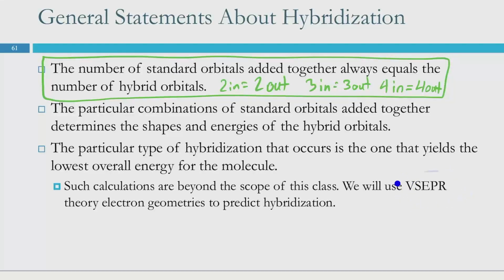The type of hybridization that occurs is the one that yields the lowest energy for the molecule. We're going to use valence shell electron pair repulsion theory, electron geometries, to predict hybridization. So the electron geometries: linear, right? That was if we had 2 groups. I wrote groups. That shouldn't be an A, that should be an O. We had trigonal planar, that's the flat one, with 3 groups.